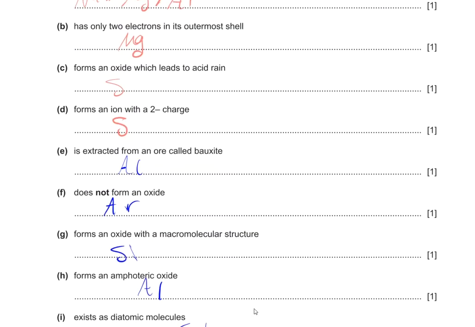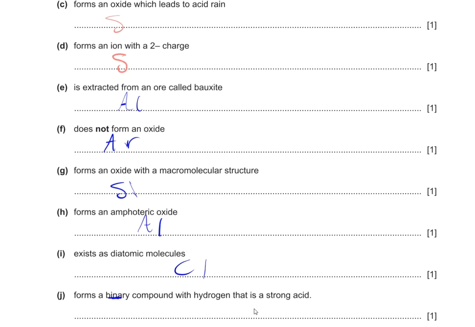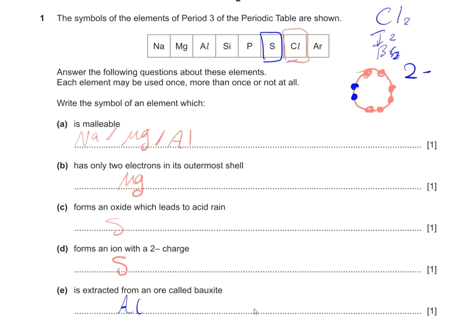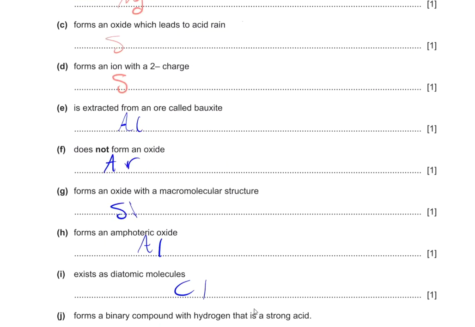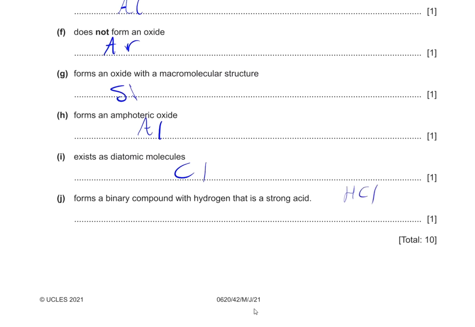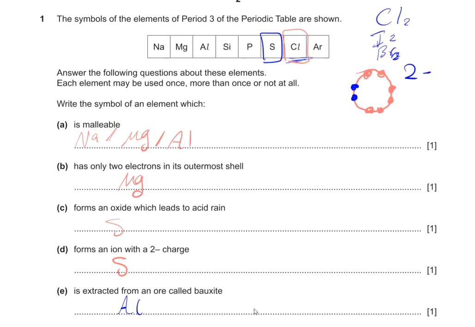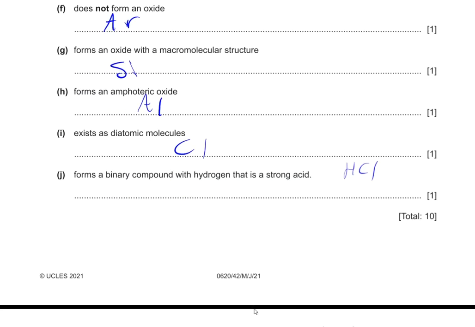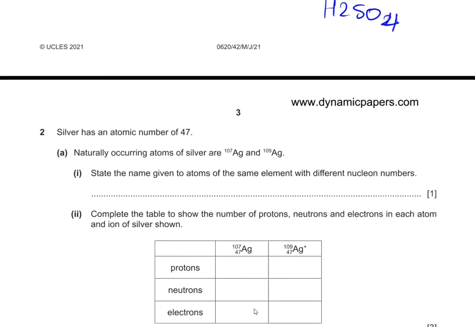But since the question says binary, meaning that there are only 2 elements in the acid, the only option is Cl, the acid HCl, because the other acid that forms with sulfur is sulfuric acid, H2SO4, which has 3 different elements, H, S, and O. So the answer for J would be Cl, because HCl is a binary compound.